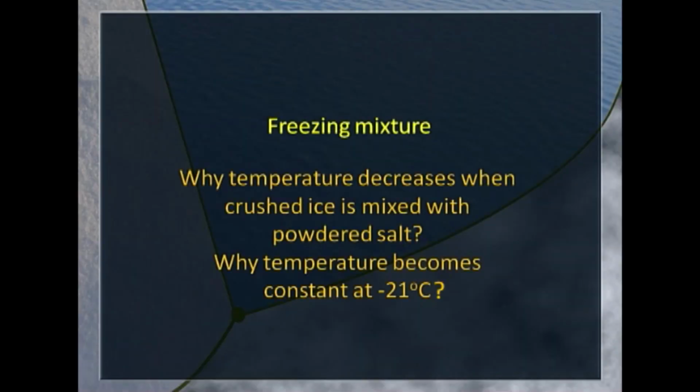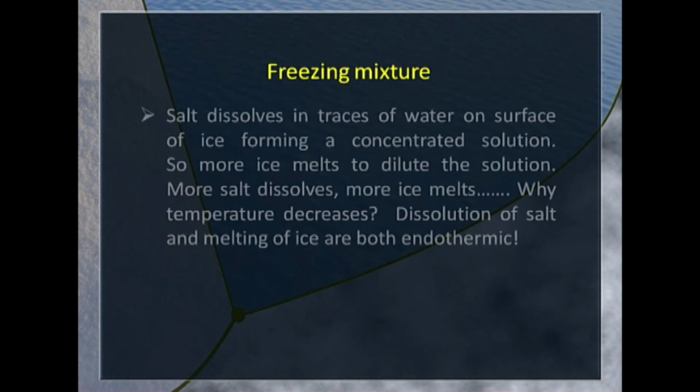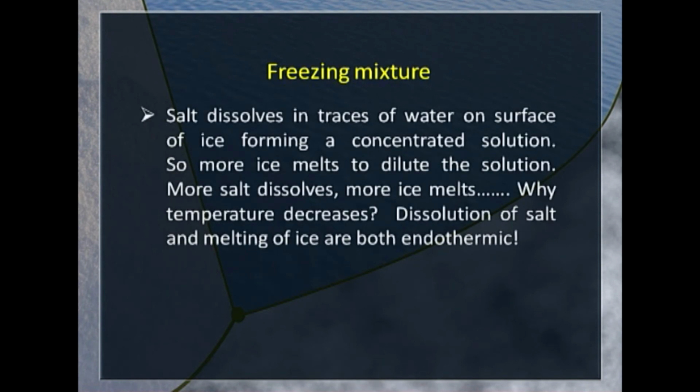But the question that arises is, why does temperature decrease when crushed ice is mixed with powdered salt? Or another question can be asked, why does temperature become constant at minus 21 degrees centigrade? Both these questions can be answered. See, we know that when we add salt to crushed ice, the salt will dissolve in the small amount of water that is formed on the surface of ice.